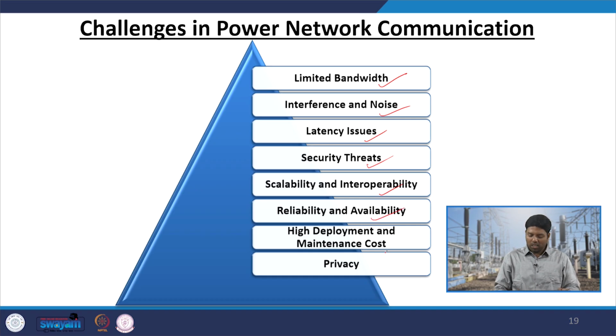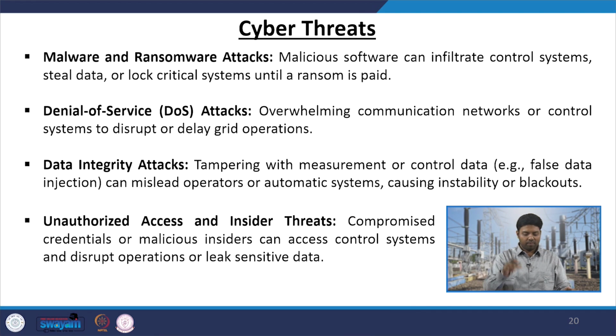Then reliability and availability, high deployment and maintenance costs, and privacy. That means you are always sending private data to the control center. Whether its privacy is preserved or breached depends upon whether your communication medium is reliable or unreliable, that you can define.